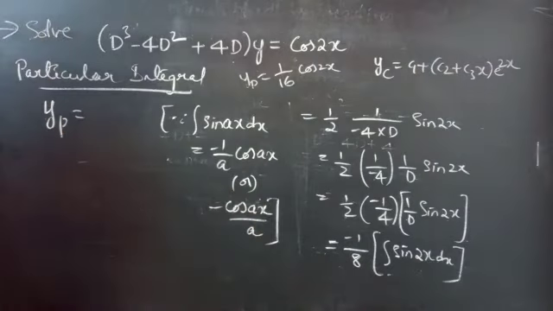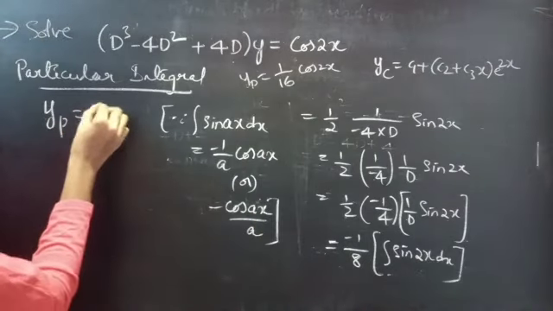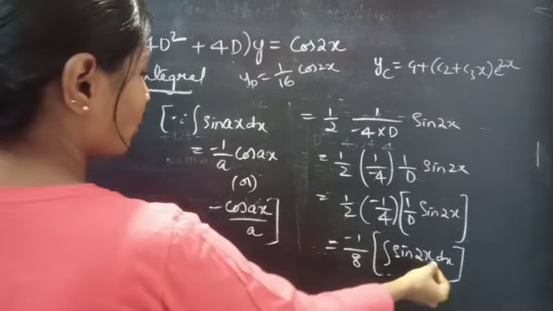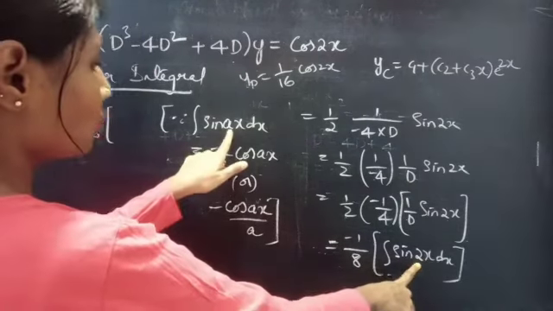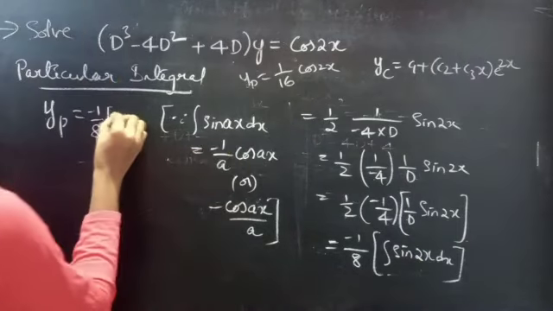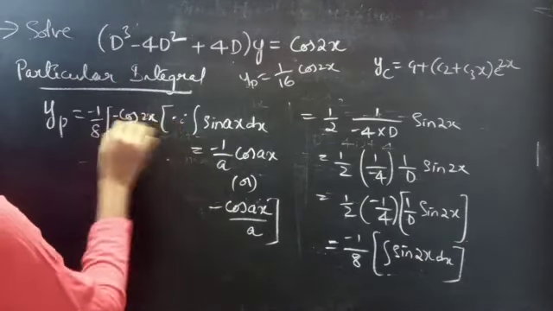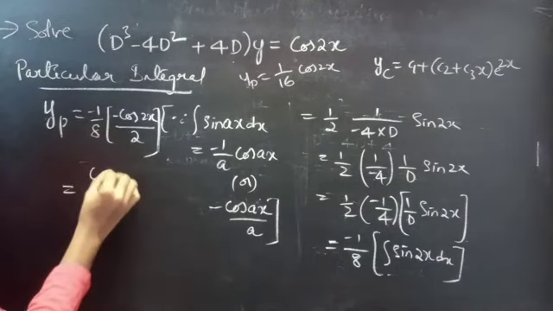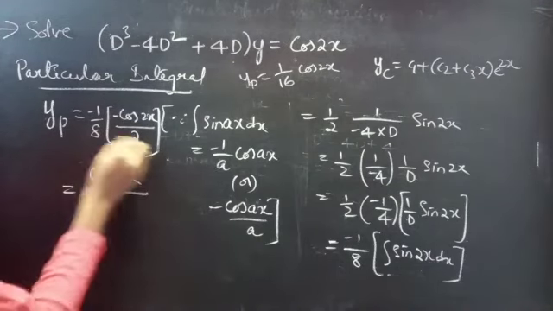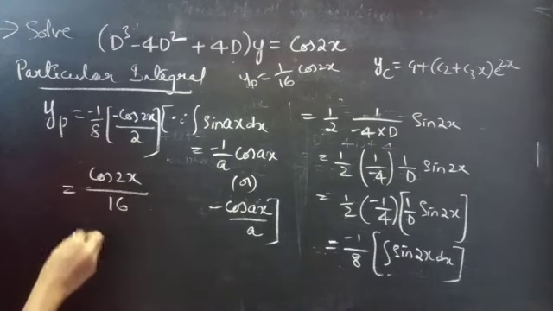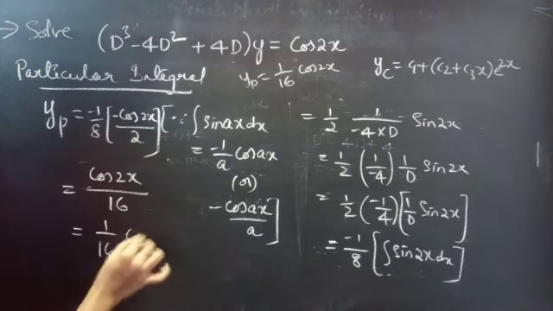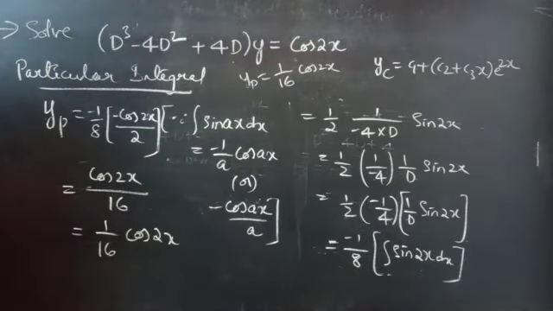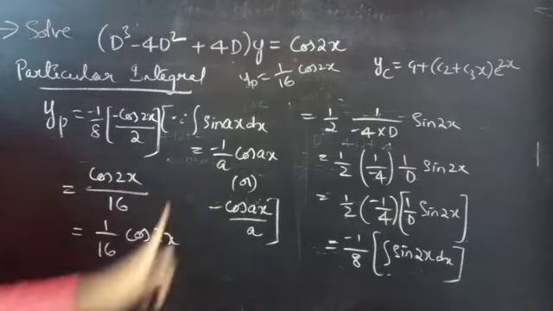Then yp becomes minus 1 by 8 into integral sin 2x dx. For a equals 2, we get minus cos 2x by 2, which is minus into minus plus cos 2x by 8 twos are 16, or 1 by 16 into cos 2x. So we get the same answer for yp.